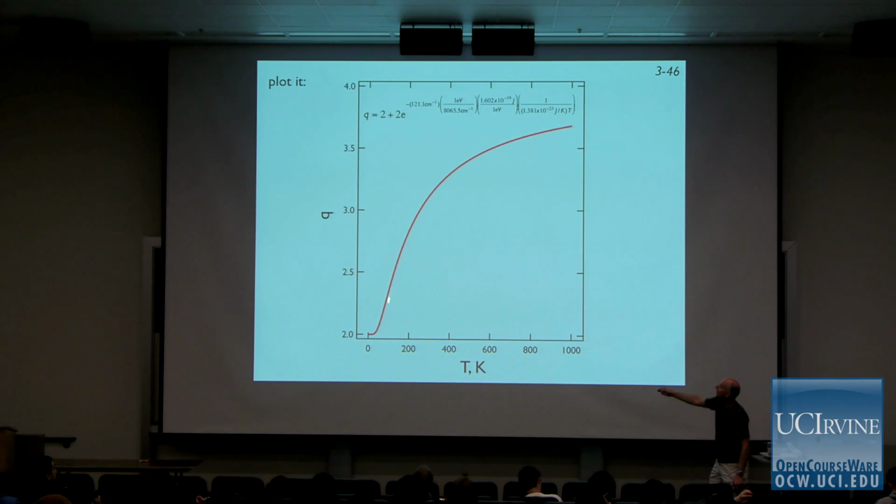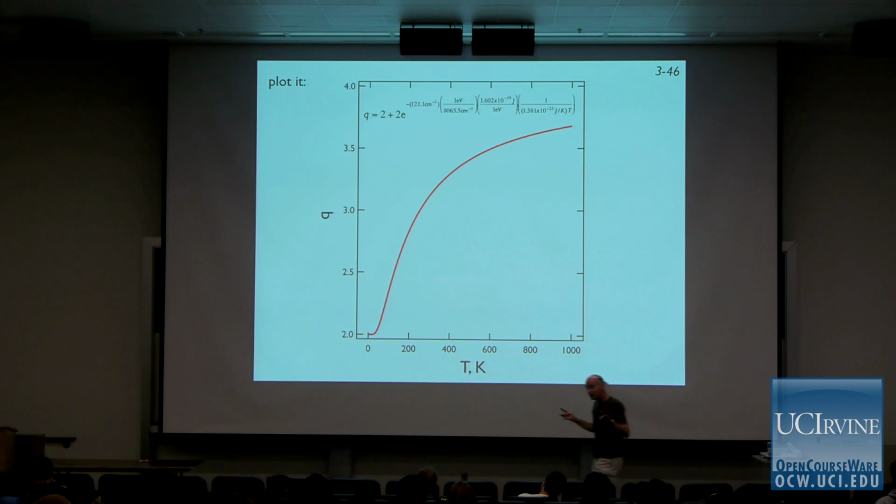All right, here's my plot of Q as a function of temperature, all the way up to 1000 degrees. Check it out. Does it look like it's approaching 4 asymptotically? Sort of does. Right? What is it here? Maybe 3.7, 3.65? Right? Intuition-wise, that's where we sort of expected it to be.